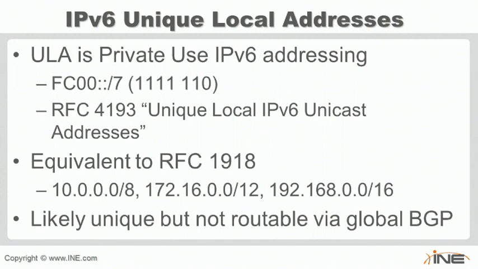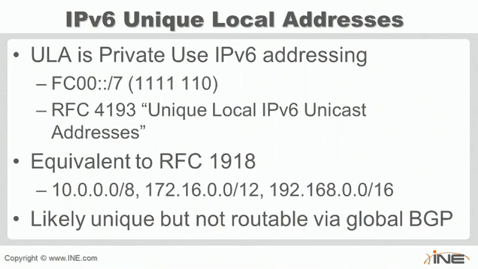So either FC or FD, which are specified in RFC 4193. Now, technically, these addresses are not going to be globally routable in the BGP table, but since the address space is so large, it's pretty likely that the address is going to be unique anyways.